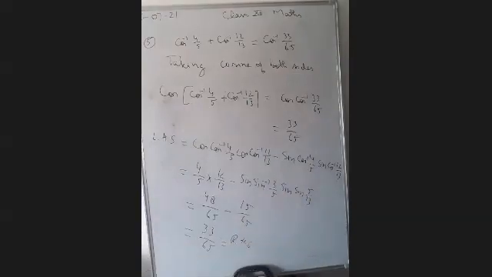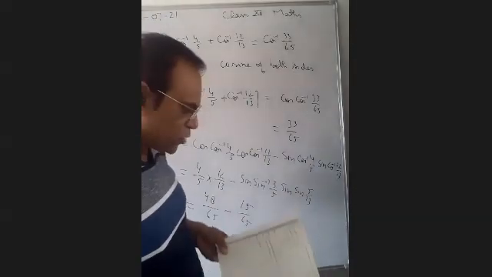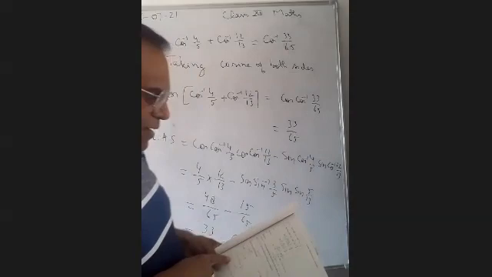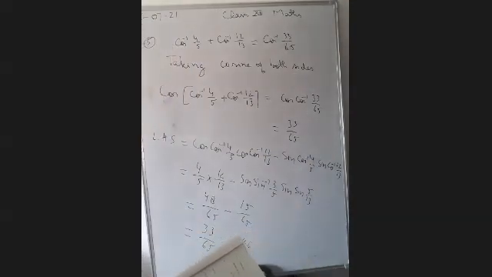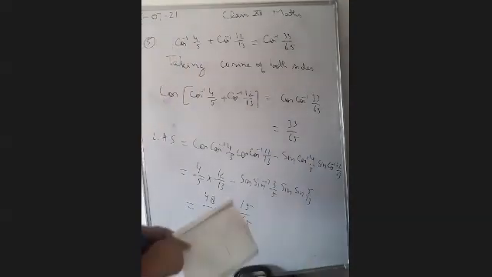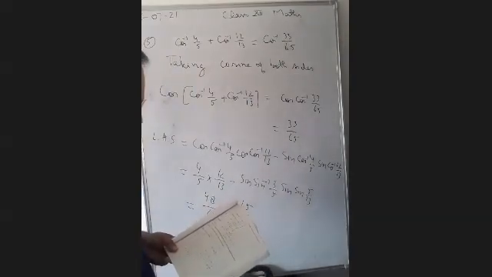You can do it in the same manner. Question number 7 you can do also in the same way. You can convert into tan inverse. So taking tan inverse, you can use the formula of tan inverse x plus tan inverse y also, as we have done in question number 4.